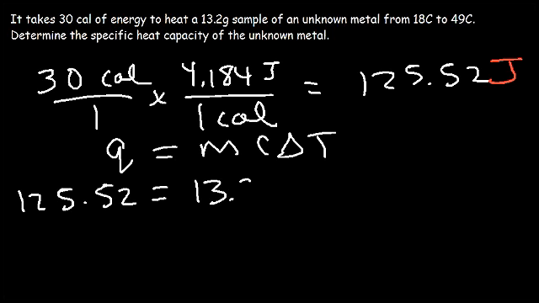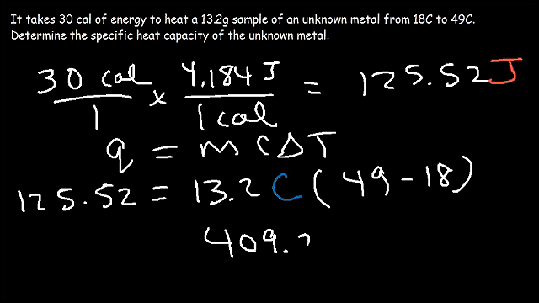The mass is 13.2. We're looking for C, the specific heat capacity. And the change in temperature, final minus initial, is 49 minus 18. That's equal to 31. So 31 times 13.2 is 409.2 times the specific heat capacity.